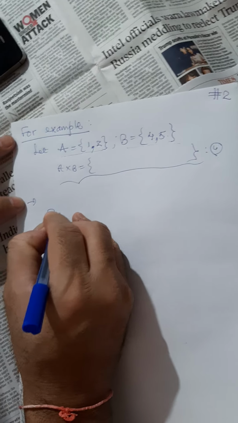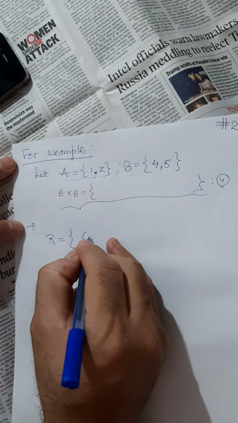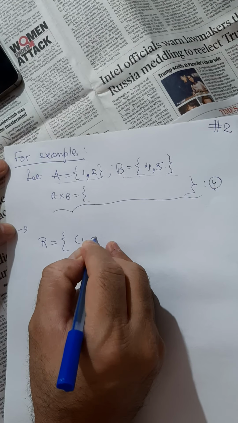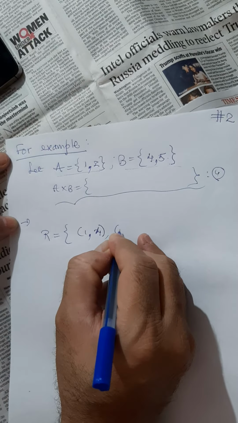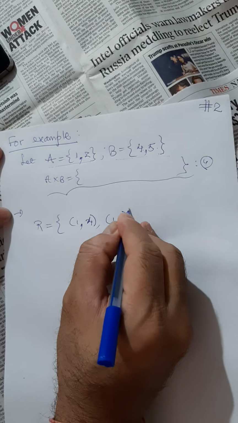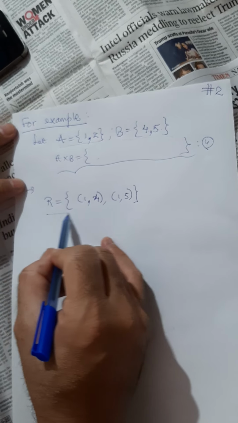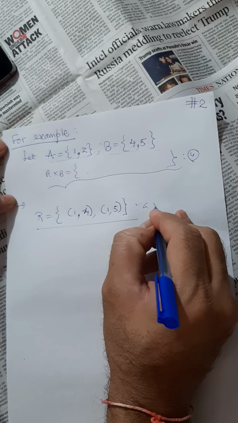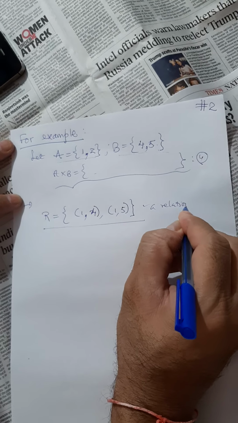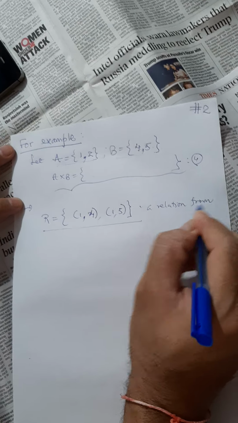Let's take R equals, for example, 1 4 and 1 5. So out of 4 ordered pairs, I've taken just 2. So this is a relation. A relation from where to where? A to B.